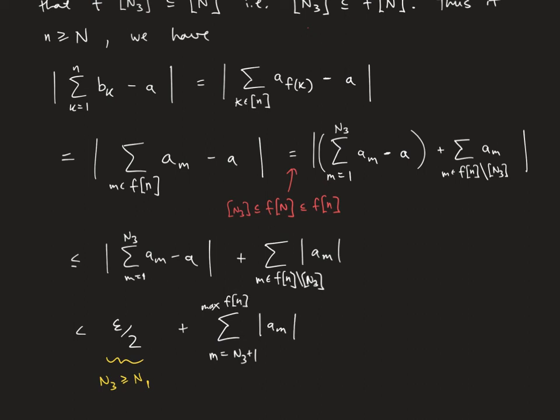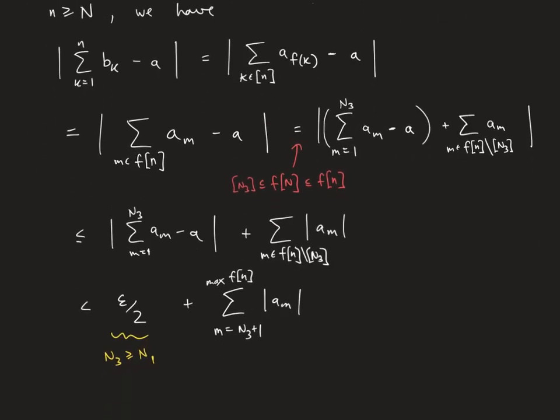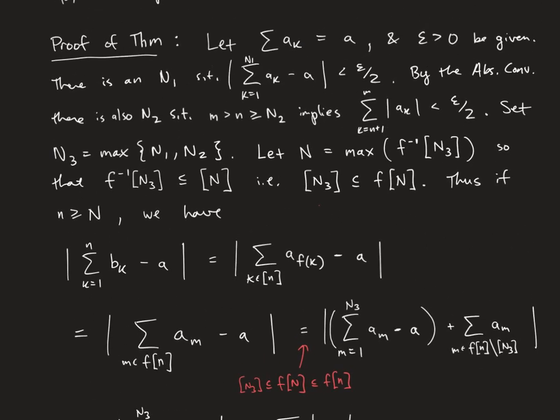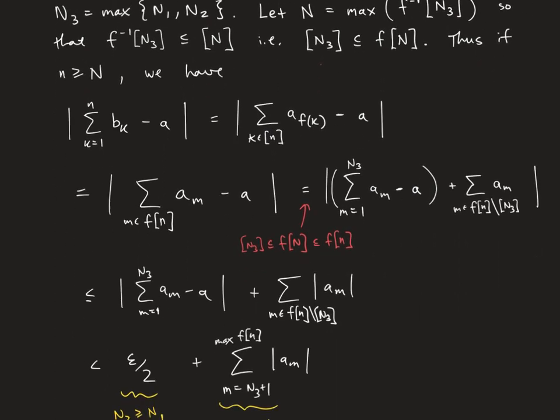But then this m here, the n3 plus 1, is going to be bigger than or equal to n2, right? So n3 plus 1 is bigger than or equal to n2, and so we're past the point at which this sort of partial tail sum is less than epsilon over 2, whenever we're summing past that n2 point.